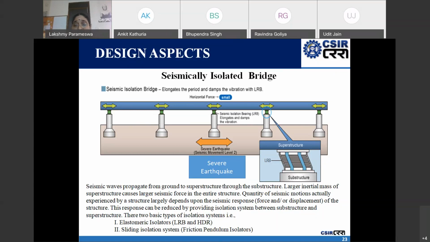But sometimes the displacement of the bridge becomes quite large. So that's why they have a damping element, that is the lead plug on the bearing, for enhancing the damping and reducing the displacement.